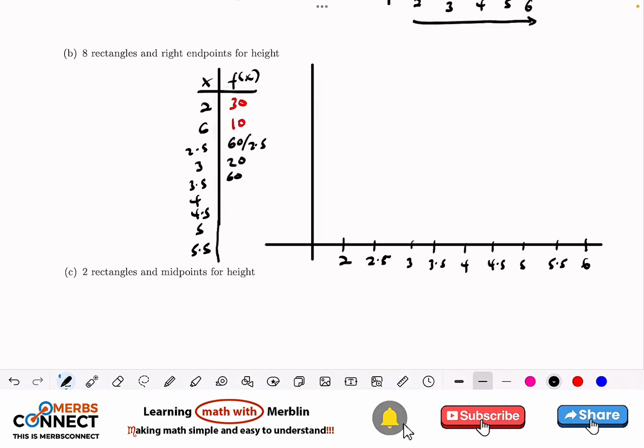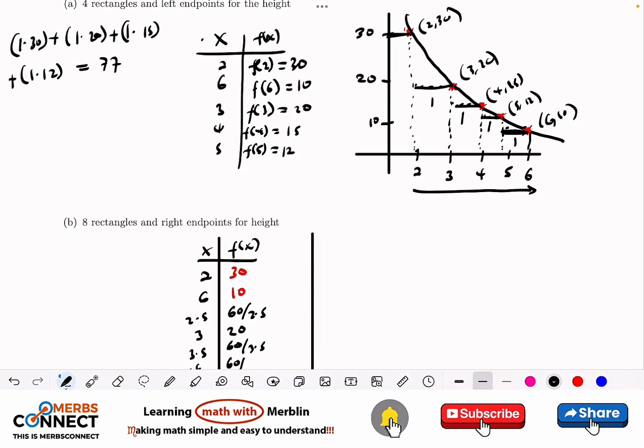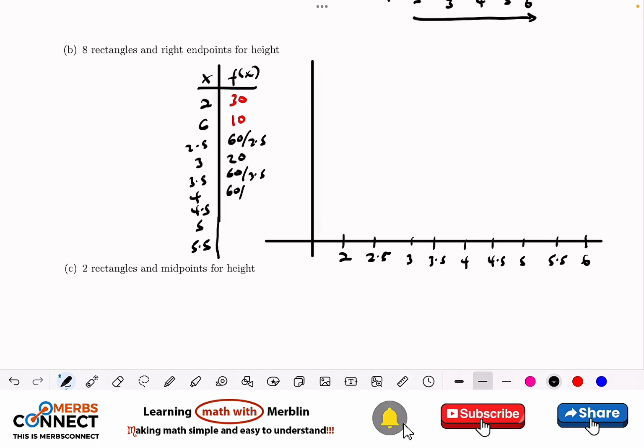Then we have 60 divided by 3.5, and then 4 goes to this one, I think 15. Is it 15? The 4, we had 15, yeah. So this one is going to give us 15. And then this will be 60 divided by 4.5. And then 5 goes to 60, I think 12. Yeah. And then this one will be 60 divided by 5.5. Right. So this is what you are going to do.